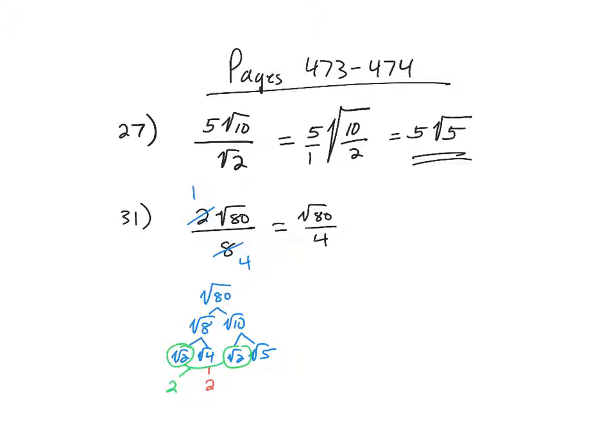So all together, I'm going to end up with 2 times 2 is 4 times radical 5. So that means I can take out the square root of 80, and I can write 4 times the square root of 5 over 4. And then I can cancel once more. And it looks like my final answer for this one would be the square root of 5.